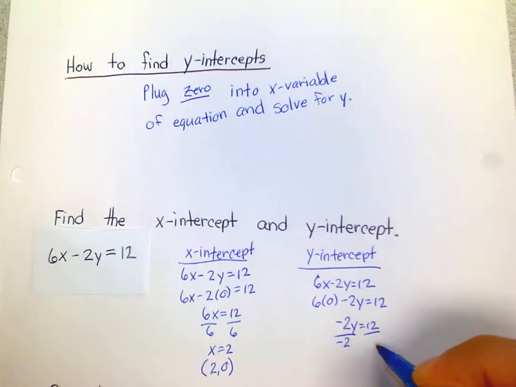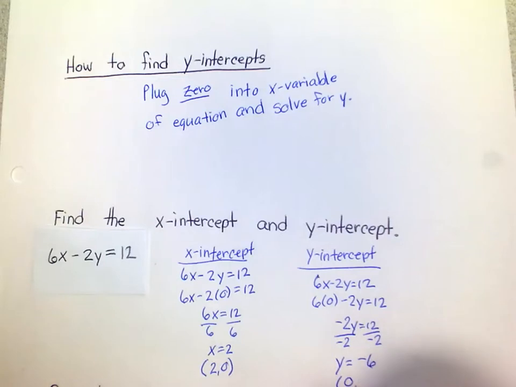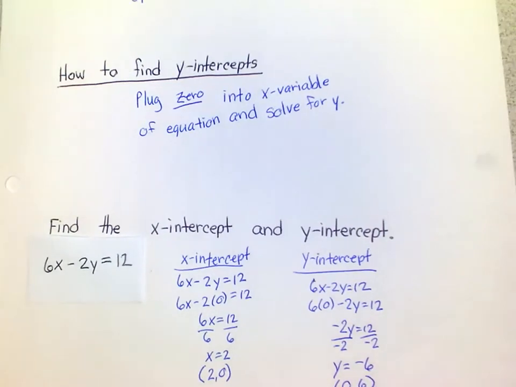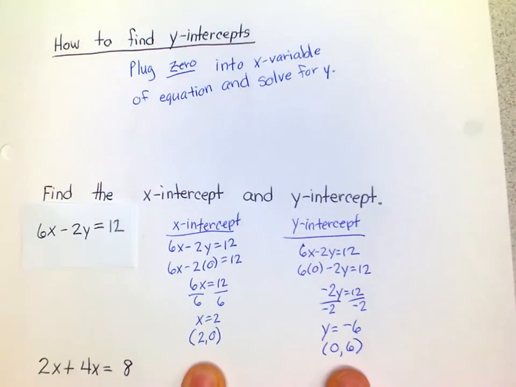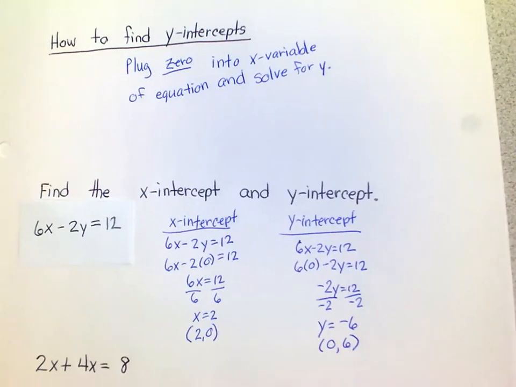Solving for y, you divide by negative 2 on both sides. That leaves you with y equals negative 6, or you can rewrite that as 0, negative 6. And as you can see, we gather 2 points right here. We'll be able to graph those on the coordinate plane and have a line when we match the 2 points together, because all it takes is 2 points to graph a line.